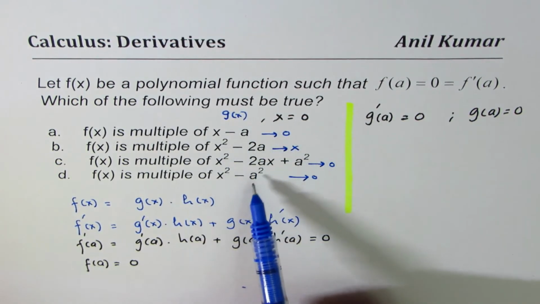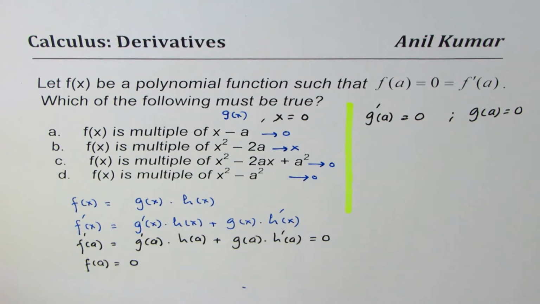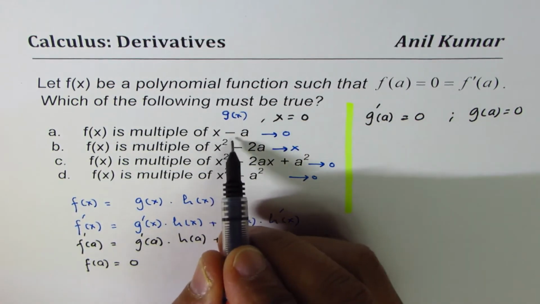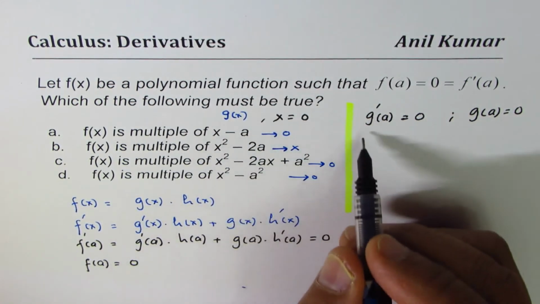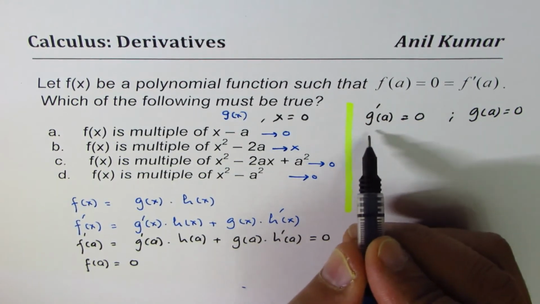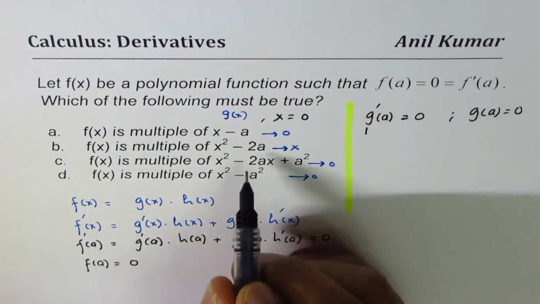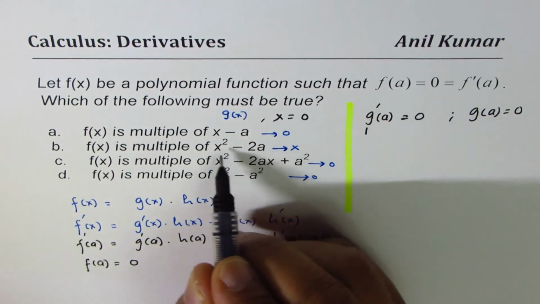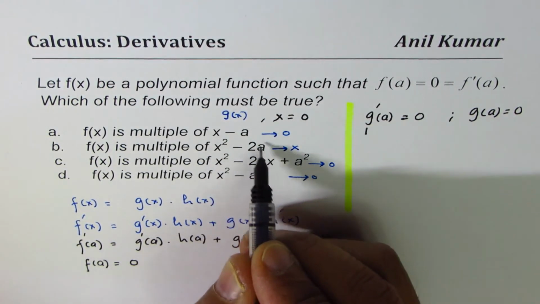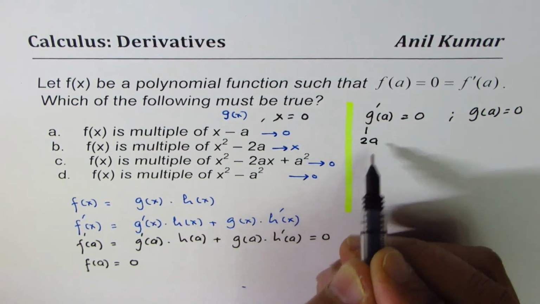Let's find their derivatives, correct? So the derivative of this is what? X minus a, the derivative is, let me write down the derivatives here. It is 1, not 0. The derivative of this is 2a, because that's a constant, right? So 2a.